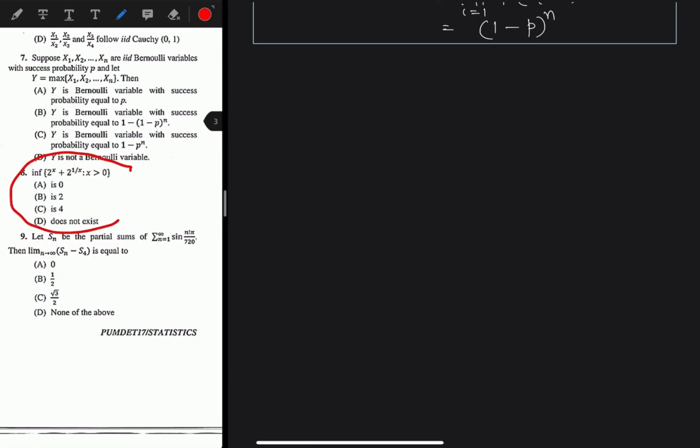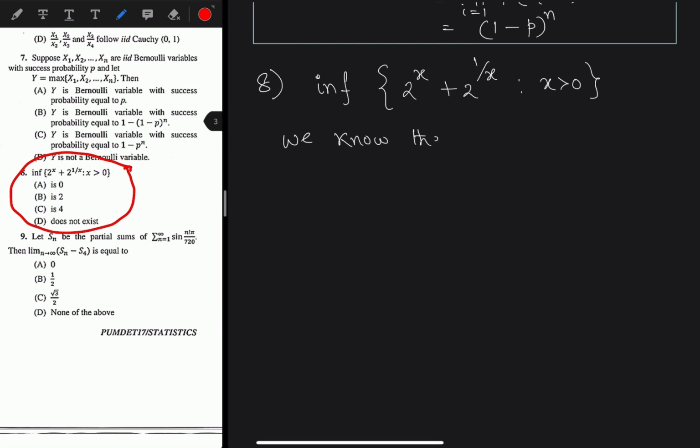Question number 8. Now in question number 8, we can see that we have to find the infimum of 2 to the power x plus 2 to the power 1 by x such that x is greater than 0. Okay, so as we know that if we take two values, let's say a and b, (a plus b) by 2 must be greater than or equal to root over ab, when obviously a and b are positive quantities.